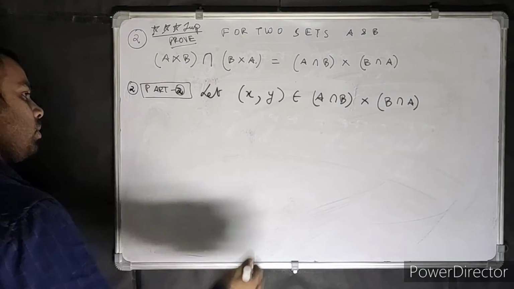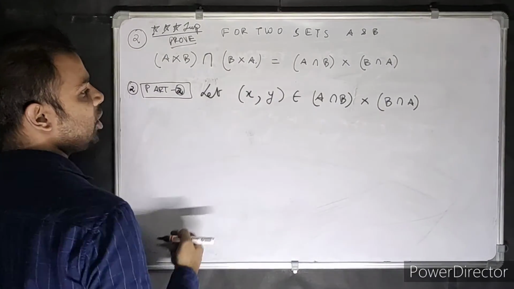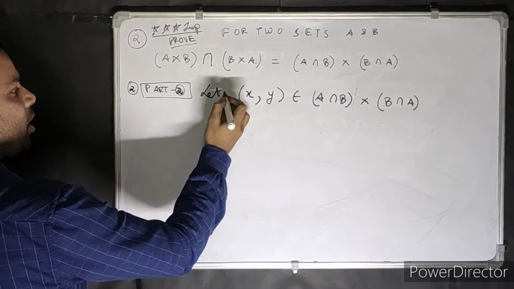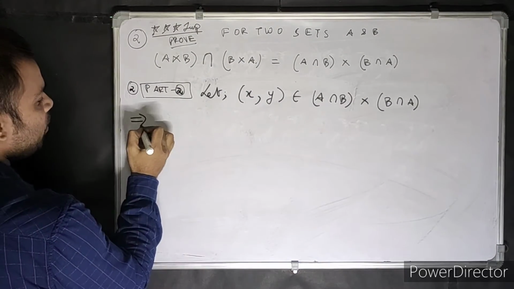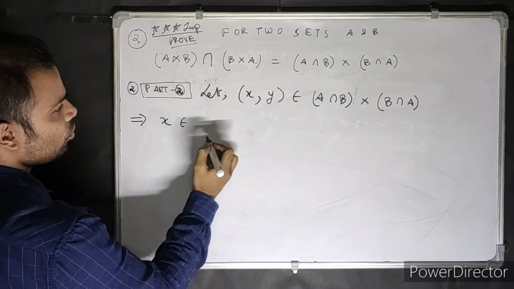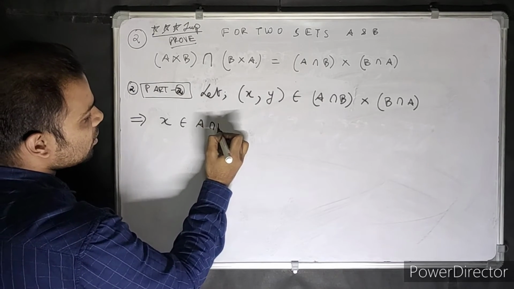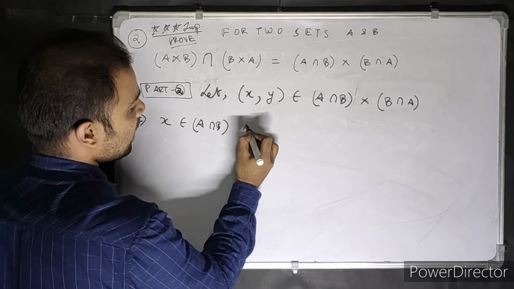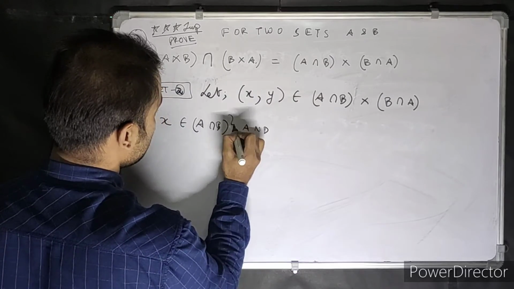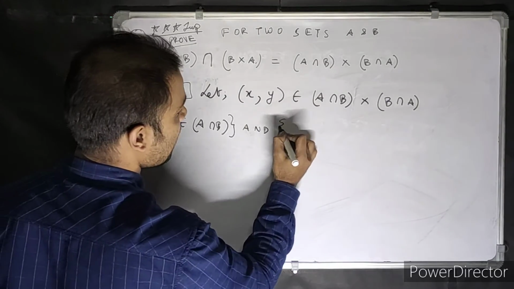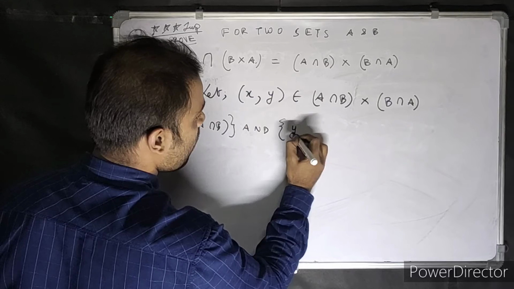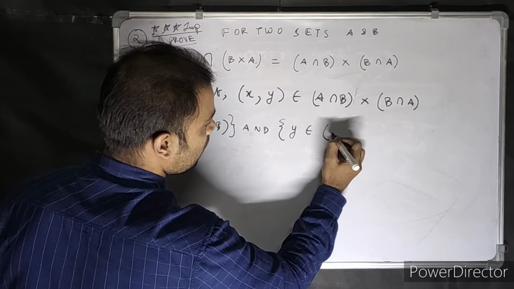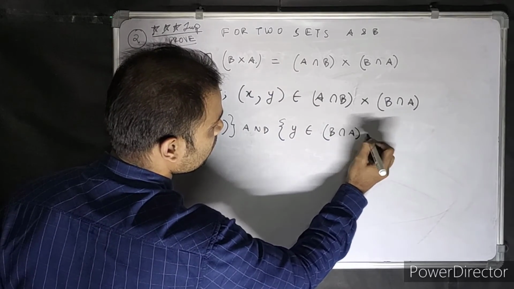What have we done? We have taken a relation (x, y). Which implies that x belongs to A intersection B, and put this in curly bracket, and y belongs to B intersection A.